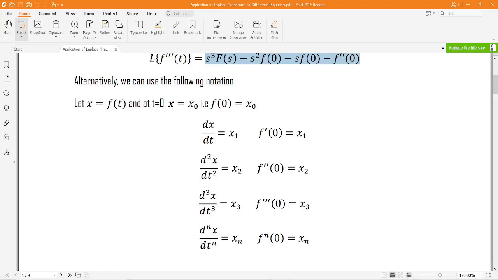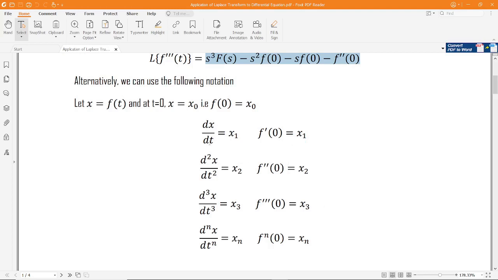So we are differentiating x the second time, you have x2, the third time x3, up until the nth term. So that's d^n x over dt^n, and that will be xn. So for all functions of time at time equals 0, there will be x1, x2, x3, xn.